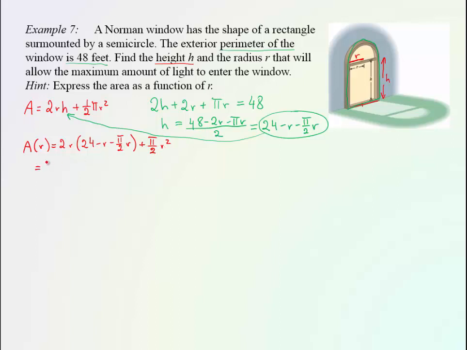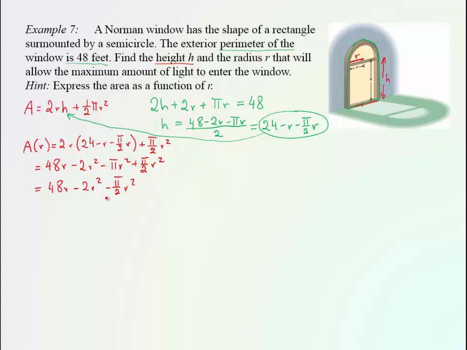When we multiply through the bracket, it becomes 48r minus 2r square minus pi r square plus pi half r square. These two terms are like terms and they are easy to add. So this could be written as 48r minus 2r square minus pi half r square.